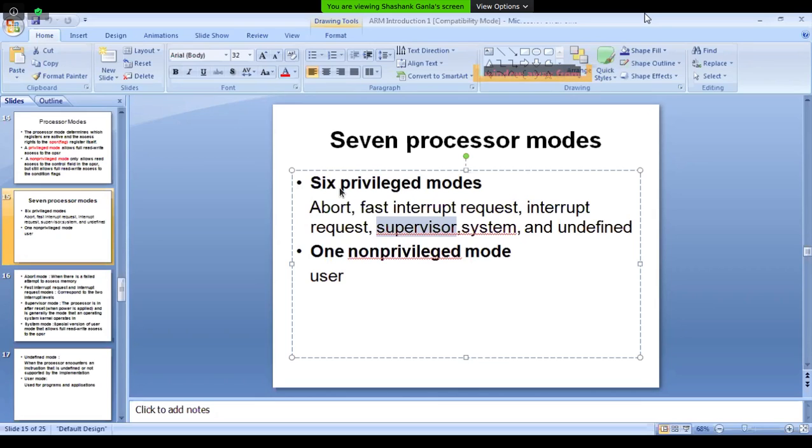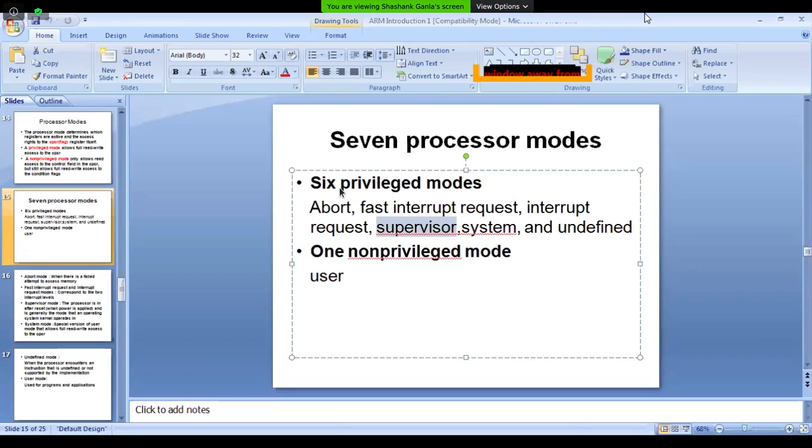When it reduces the switching time from user mode to interrupt service routine, we call it fast interrupt request, because the context saving time in the case of fast interrupt request is less as compared to the context saving time invested for interrupt request.